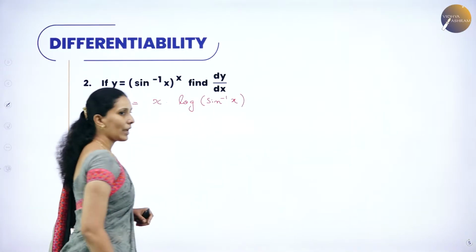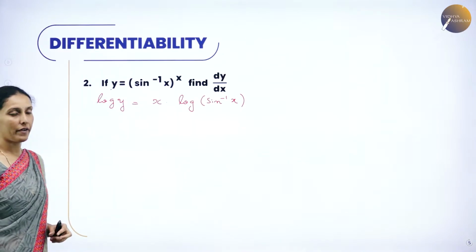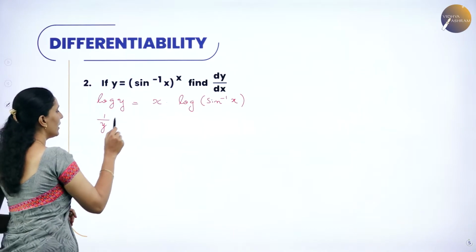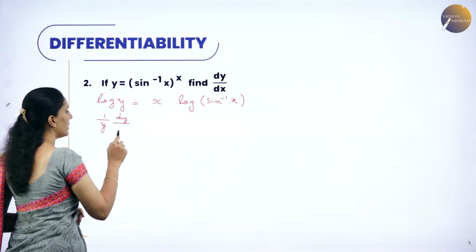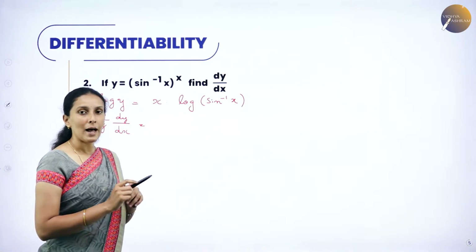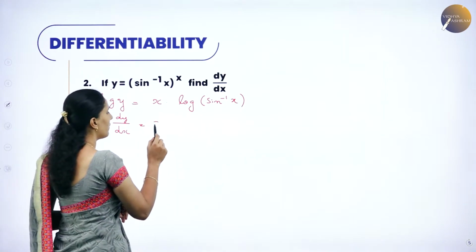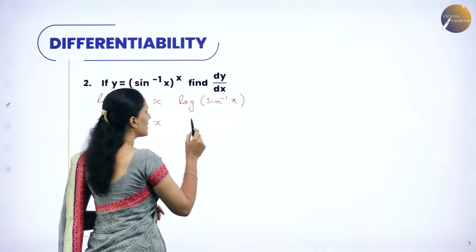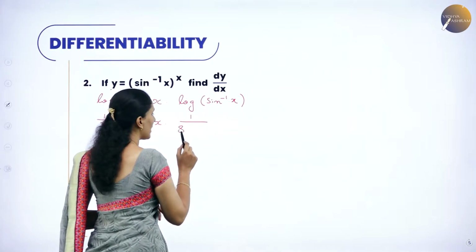So remember the derivatives of all inverse trigonometric functions. So log y, when you differentiate, it is 1 by y into dy by dx. Now again in the right hand side you have two functions. Apply the product rule. First function into derivative of the second. So log of sine inverse x means 1 divided by sine inverse x.